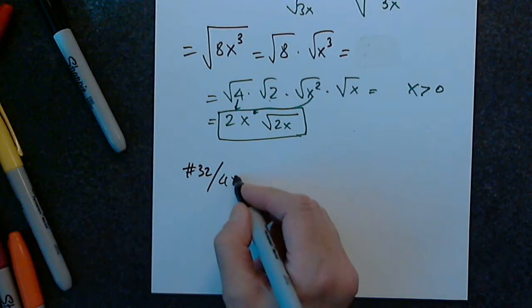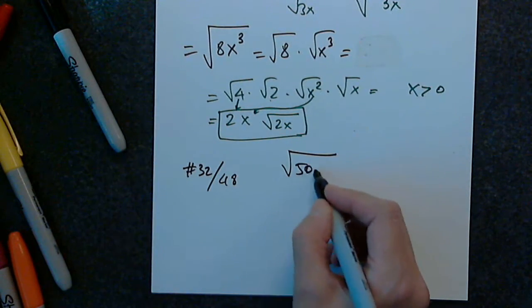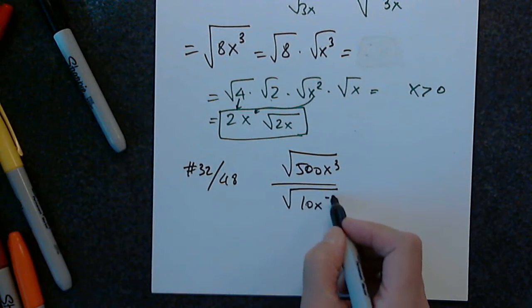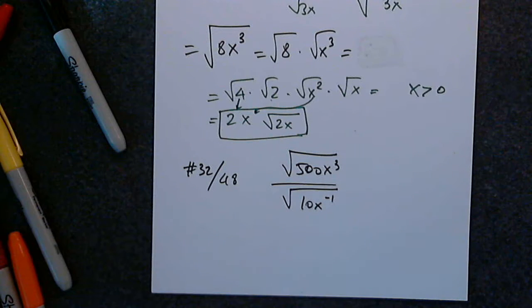So this is problem 32 on page 48. The square root of 500x cubed over the square root of 10x to the negative 1. I will proceed exactly in the same way. Meaning, I see that both top and bottom have common factors. So obviously, I will rewrite with one radical.